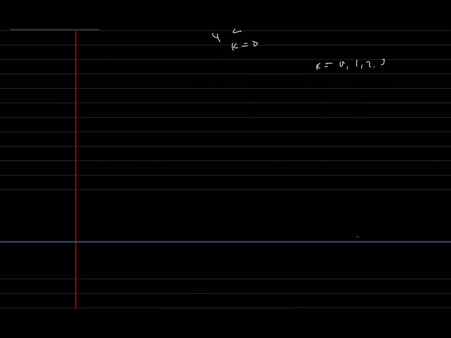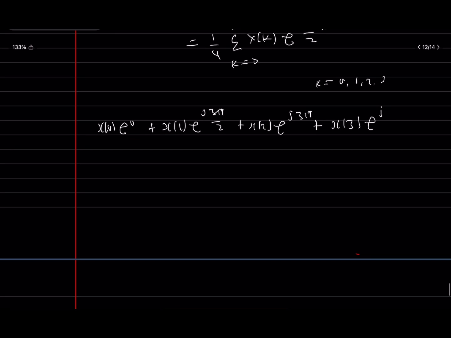So for k equal to 0, we are going to get x of 0 exponent 0, plus k equal to 1, we are going to get x of 1 exponent j 3 pi on 2, plus x of 2 exponent j 3 pi, plus x of 3 exponent j, 3 times 3 is 6 pi on 2, and then when we divide it, we are going to get j 9 pi on 2.